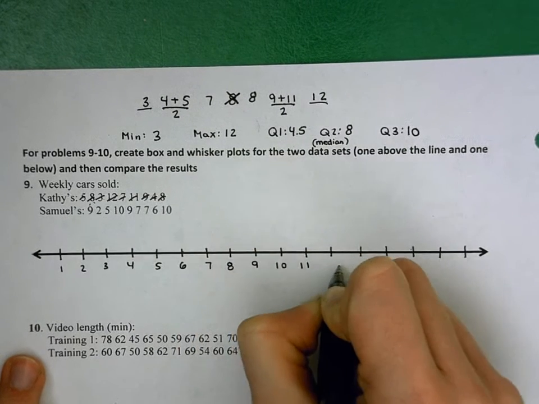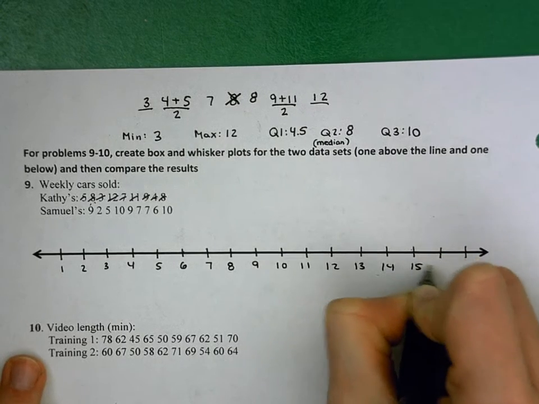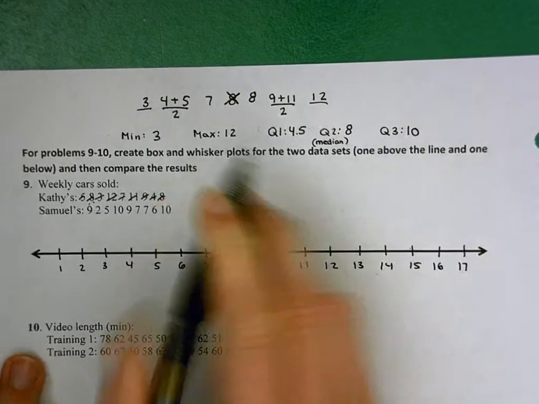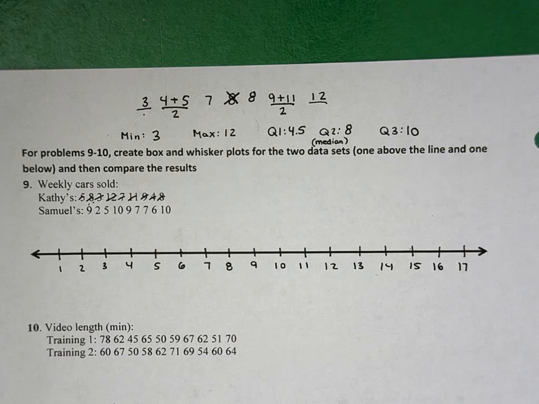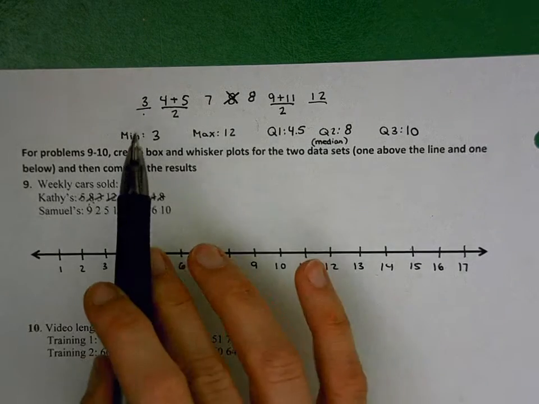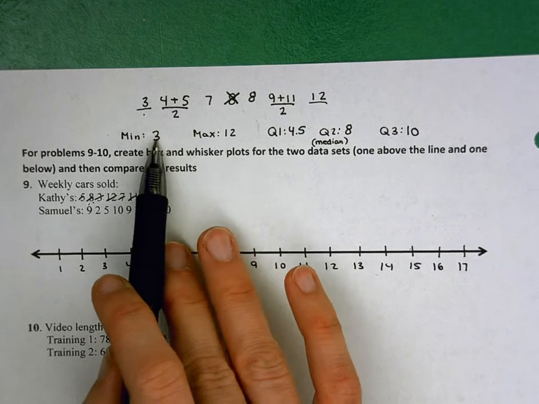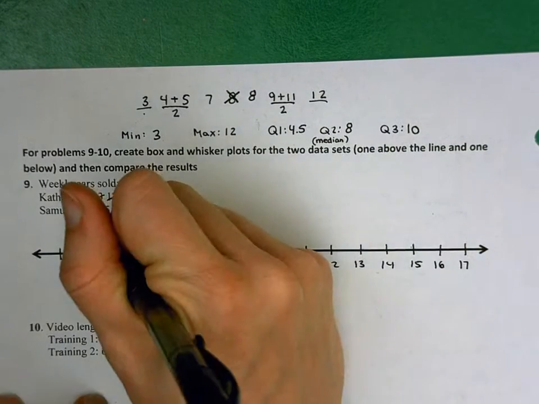I actually know for this particular Box and Whisker plot that I really only need the values from 3 to 12, right? 3 is my smallest and 12 is my largest, but I know I have another Box and Whisker plot to come up, and so I made it a little bit bigger, because I had the room. So, taking a look here, we have our 5 data values, and so we're going to go ahead and put little marks at 3, 12, 4.5, 8, and 10.